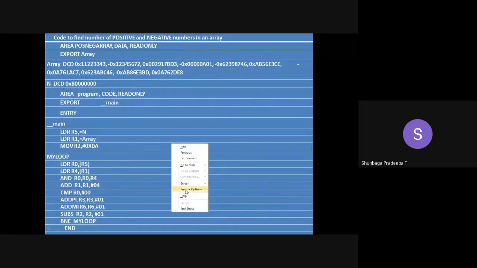I will explain the coding and then show you the demonstration. We declare the array with the name array using DCD, which loads 32-bit data into the code memory.